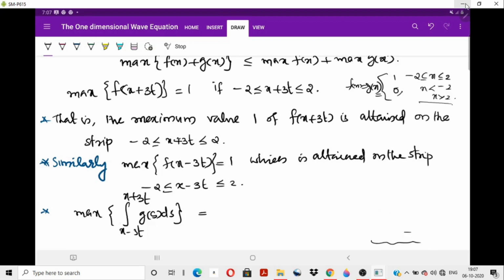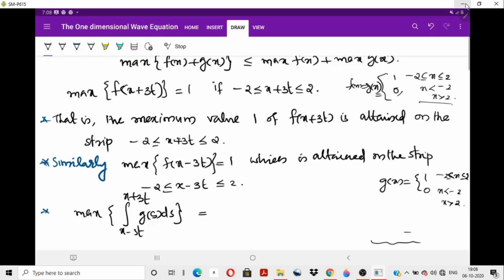In order to find the maximum of this integral function, g of x has the value 1 when minus 2 is less than or equal to x less than or equal to 2, and it is 0 when x is less than minus 2 and x is greater than 2.